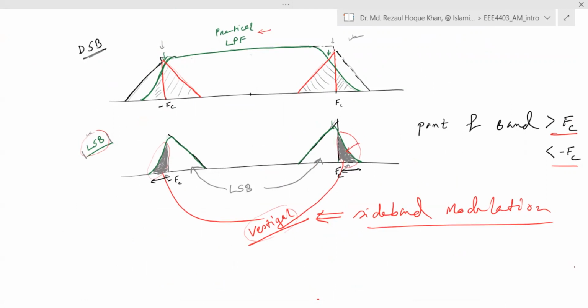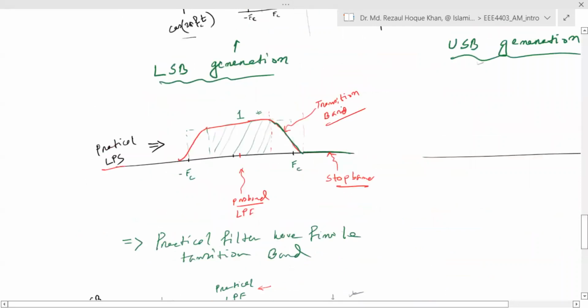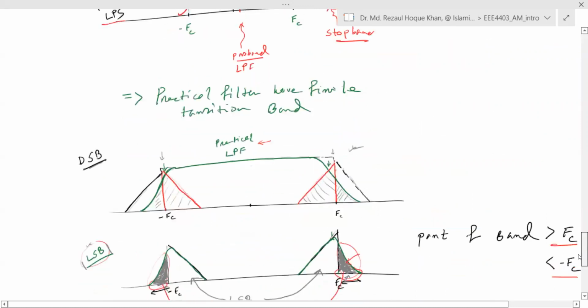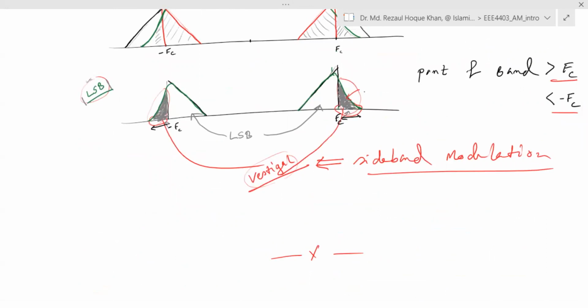It means if it is an LSB, then a small portion from the upper sideband is included because of the transition band of the practical low pass filter. This portion is vestigial. Vestigial means a small portion. So a small portion of the frequency is actually added compared to the ideal low pass filter.